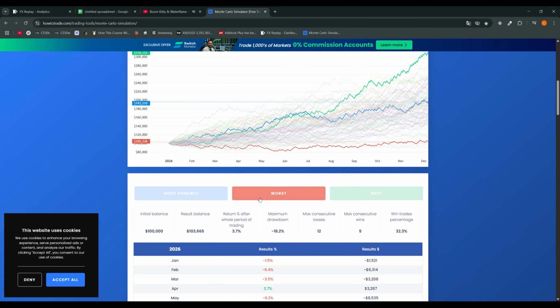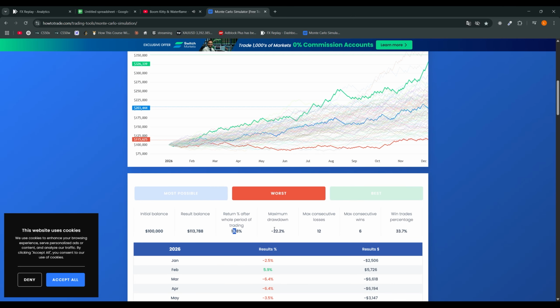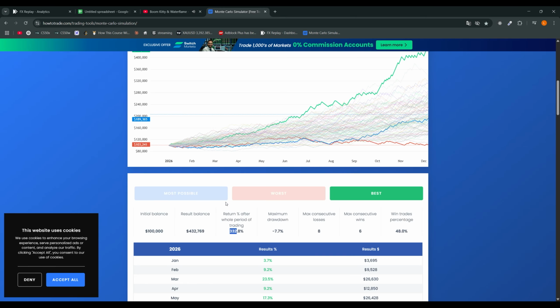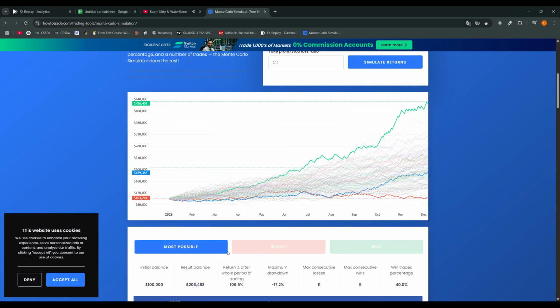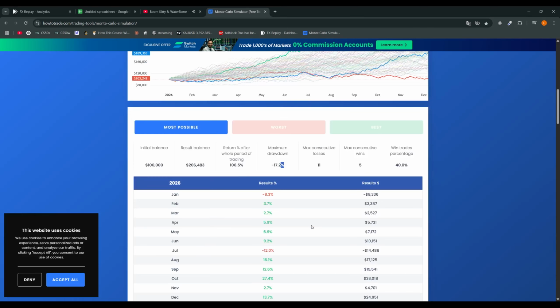So it's always up, it's never down in the worst case. In the best case, 252%, 300%. In 1 year, the maximum drawdown is the most possible for me, at 100%.